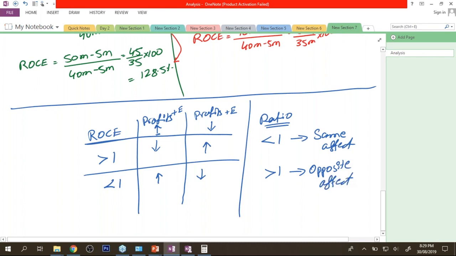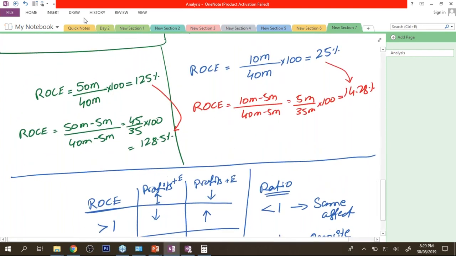Is this clear to all of you? Jagmeet is saying I didn't get it. Jagmeet, according to my example, when the ROCE was 25%, which means 0.25, which means it's below 1, the decrease in profits actually decreased the answer.